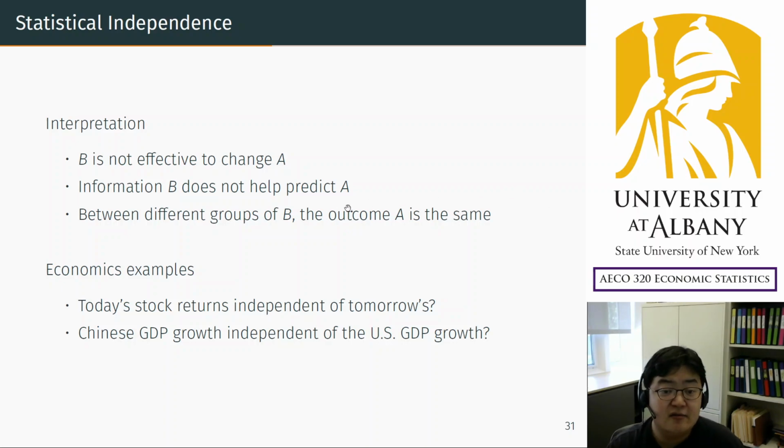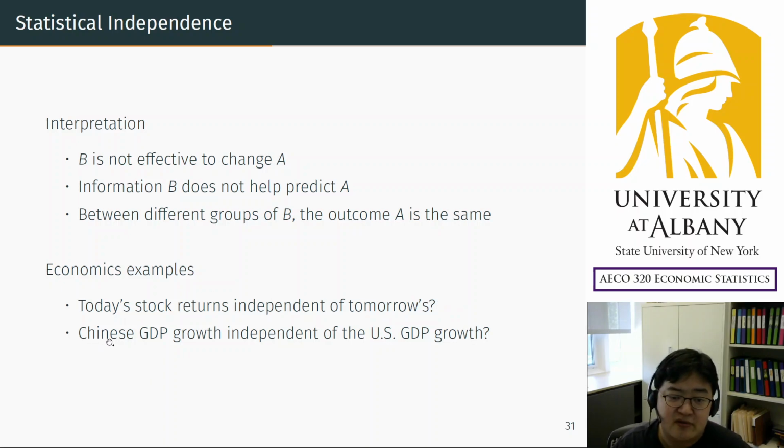And in economics, we use it, for example: is today's stock return independent of tomorrow's or not? If yes, that means today's stock market information does not have any prediction power for tomorrow's. So it's an interesting question.